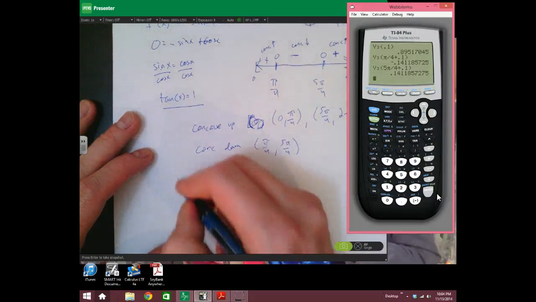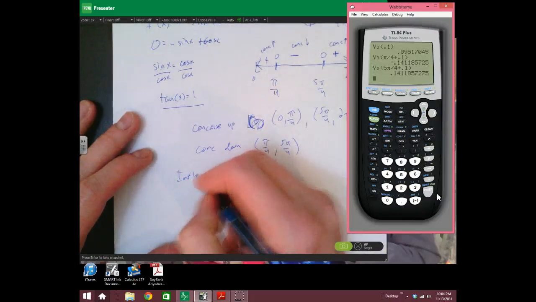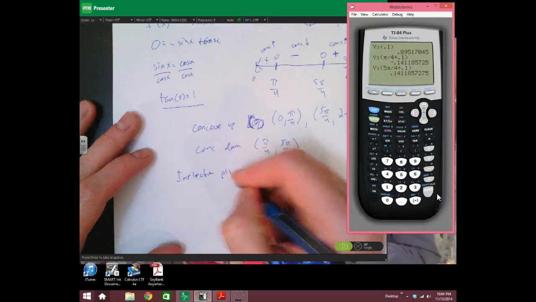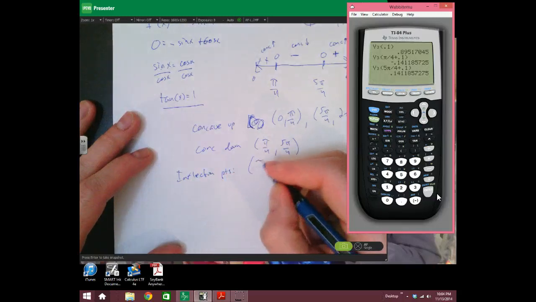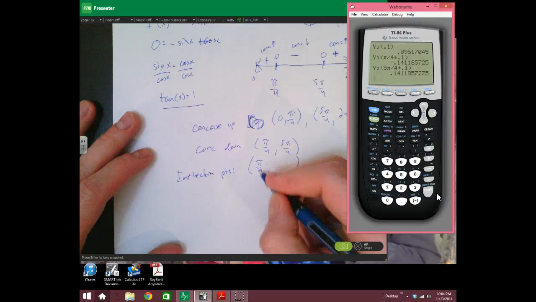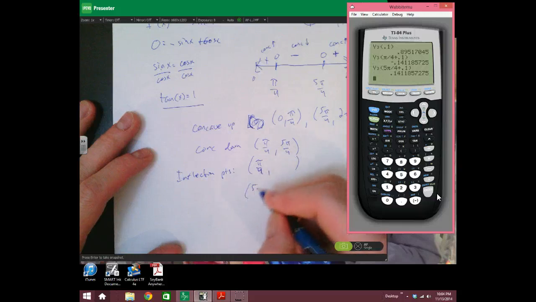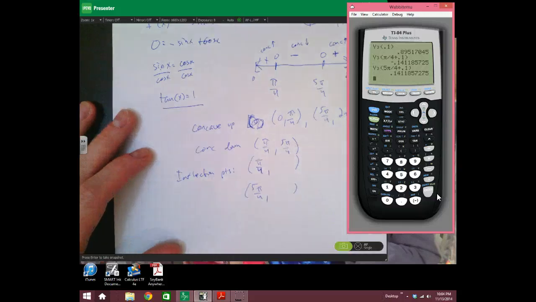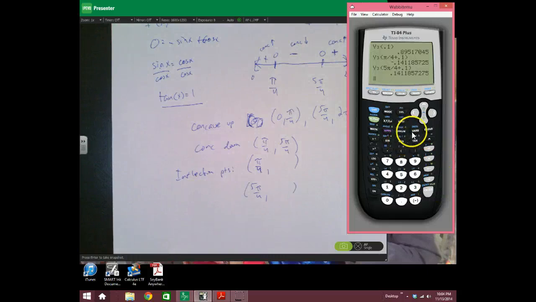And then my inflection points are pi over 4 comma whatever that's going to be, which we'll do in a second, 5 pi over 4 comma whatever that's going to be. So let's see if those turn out to be nice numbers just by doing the y's. y1, and again y1's the original function, so we'll do pi over 4.